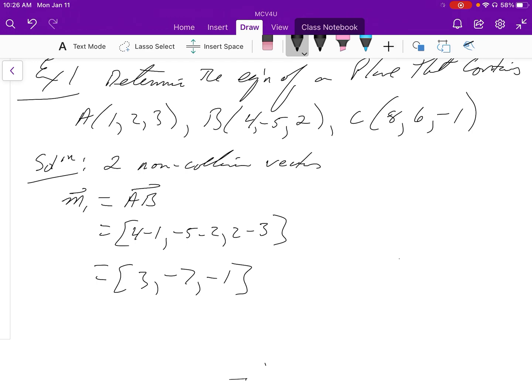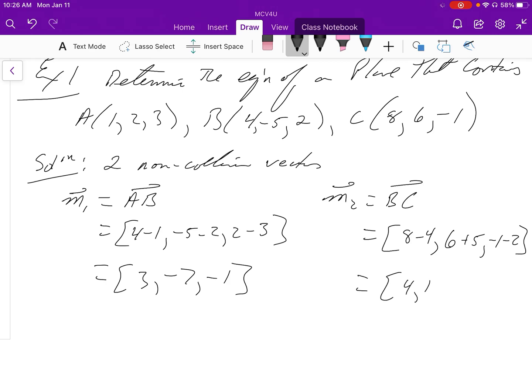For the second direction vector, it doesn't have to be tail to tail in this case; we just need non-collinear. We'll call this one BC. From there we have 8 minus 4, 6 minus -5, and -1 minus 2, so we have 4, 11, -3. You can see that these are not scalar multiples of each other, so they work.